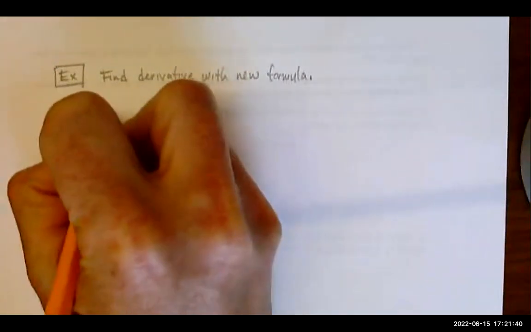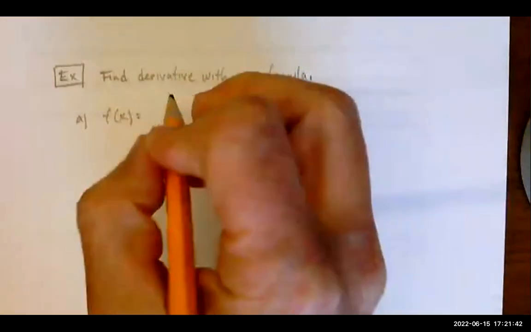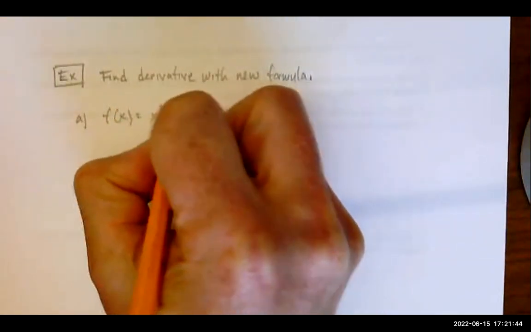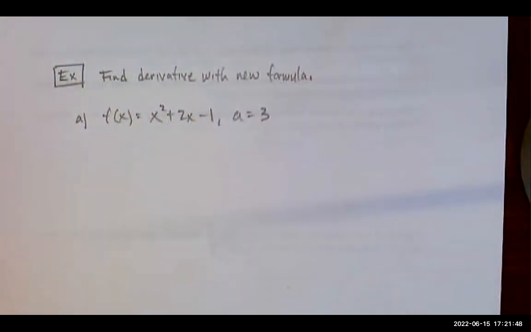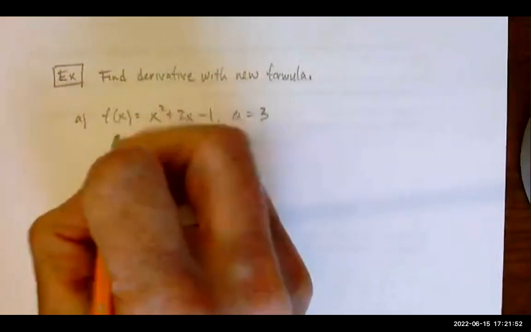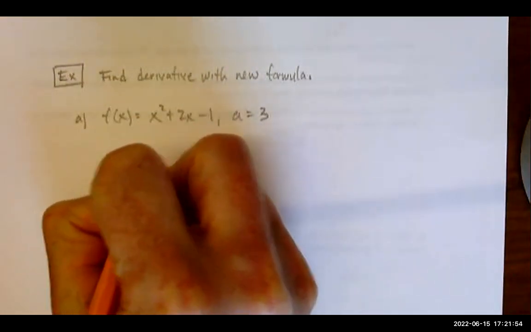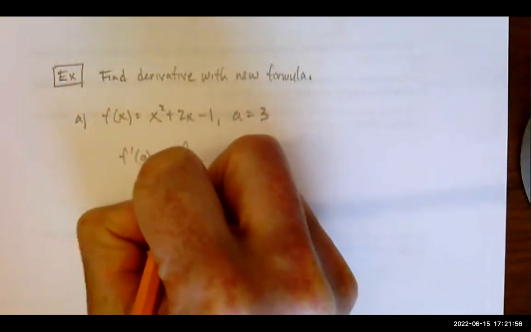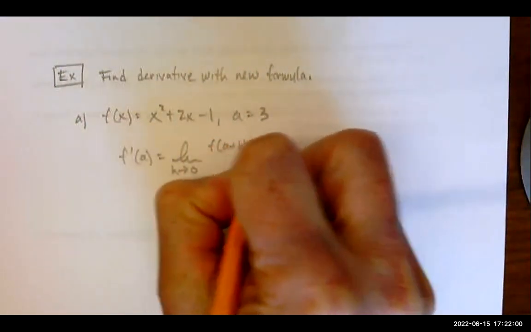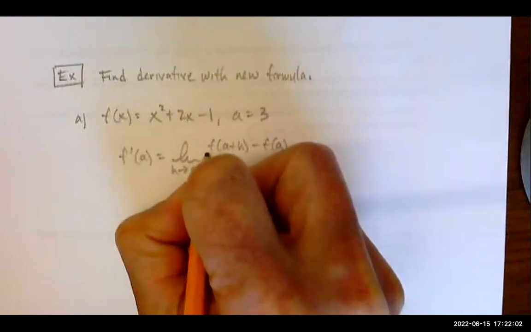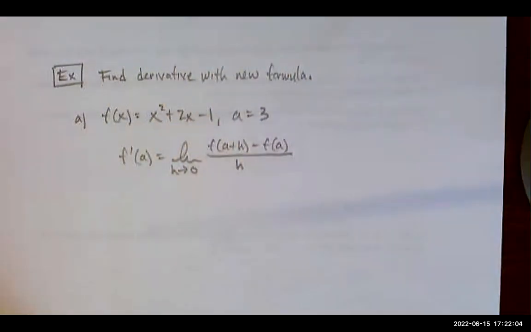Part A, f of x equals x squared plus 2x minus 1, a equals 3. Our new formula is f prime of a equals the limit as h approaches 0 of f of a plus h minus f of a, all over h.